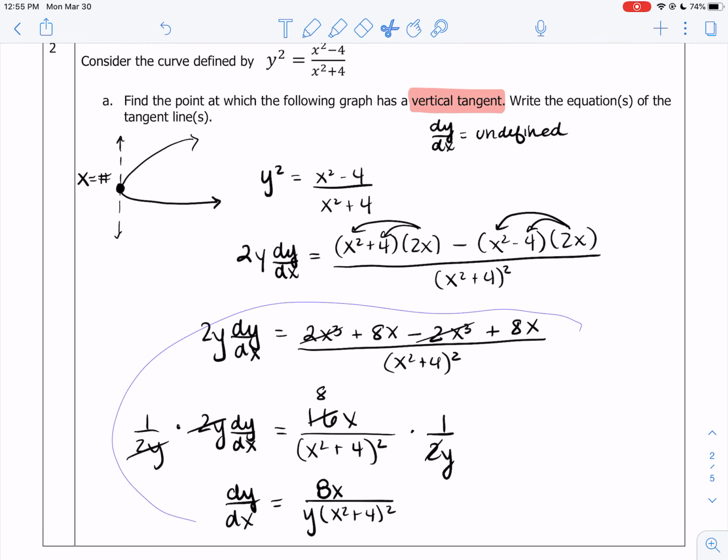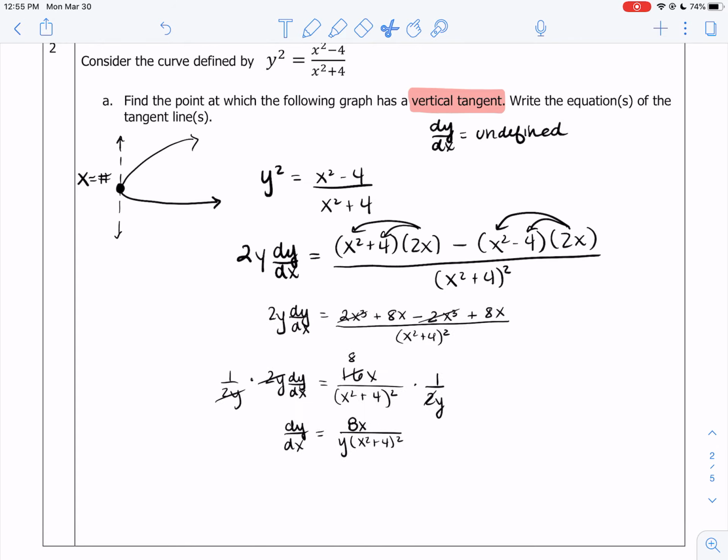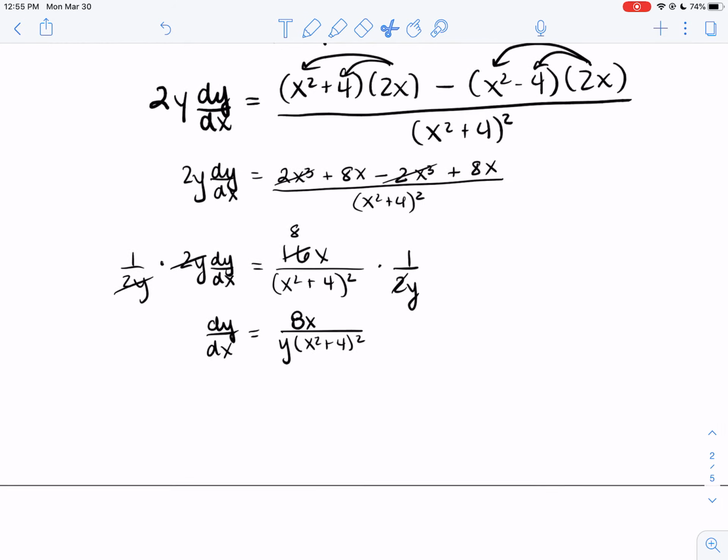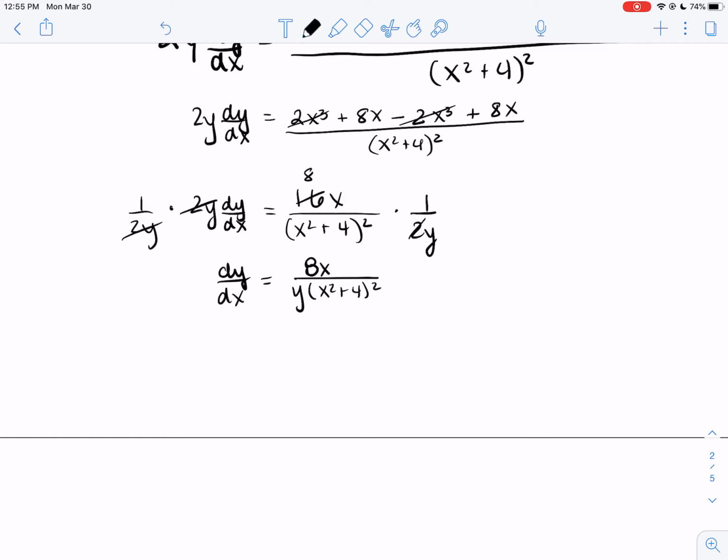Now that we have our first derivative, we can say, all right, when is this derivative undefined? Remember, derivatives are undefined, or fractions are undefined, when your denominator is equal to 0. If we set y times x squared plus 4 squared equal to 0, notice we have two factors that could be equal to 0.